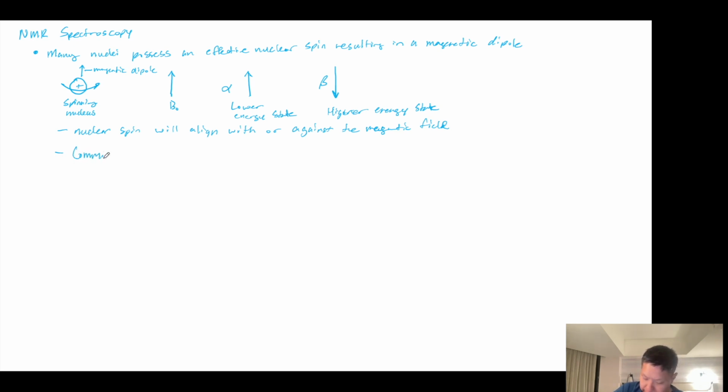Commonly studied nuclei include things like proton NMR, carbon-13 NMR, fluorine-19 NMR, and phosphorus-31 NMR.